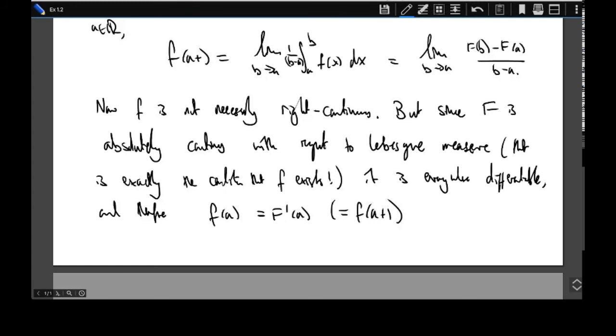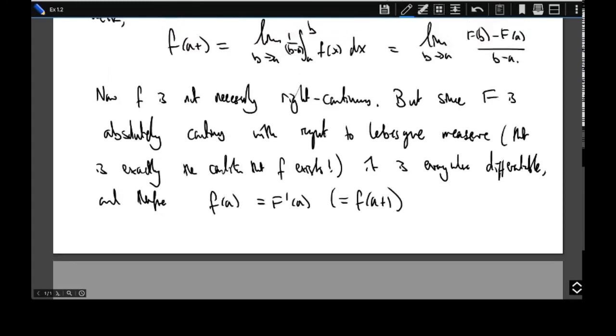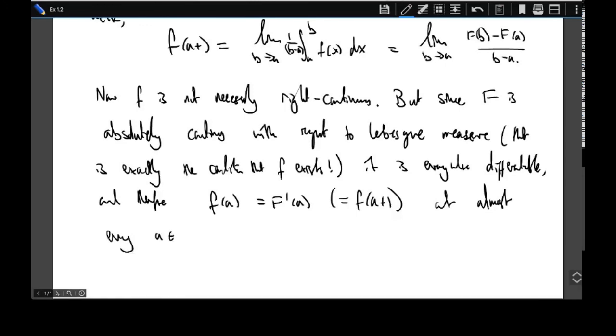So little f is equal to this derivative at almost every a. And that is almost every with respect to Lebesgue measure.